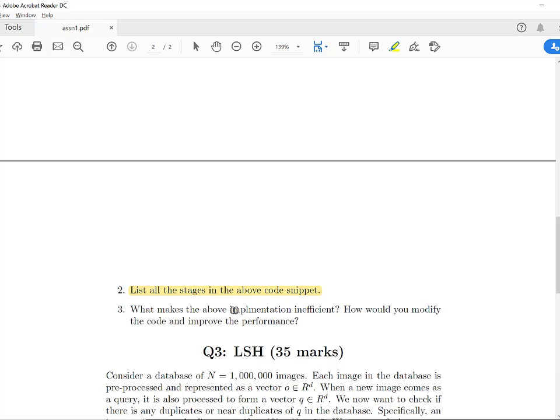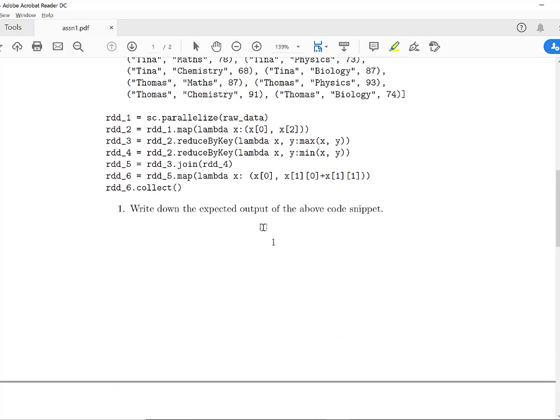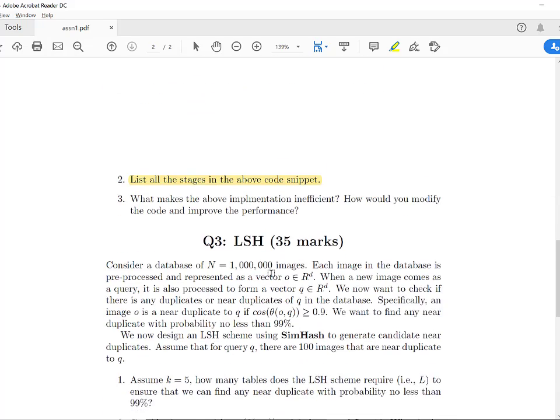Naive answers would be a better word here. These naive answers are really naive, so it is obvious enough for you to figure that out. All right, so that's for the second question.